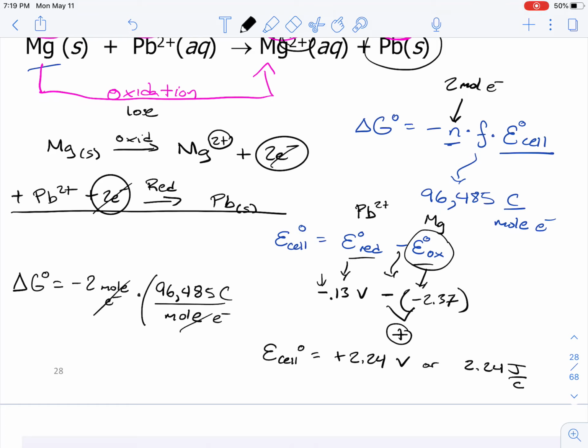So these guys will cancel. And then times 2.24 joules per coulomb. Coulombs will cancel.